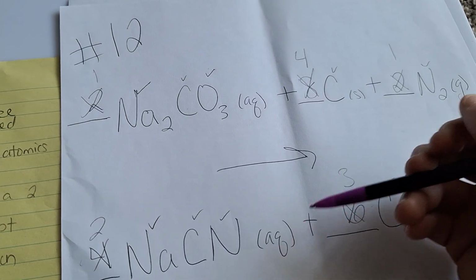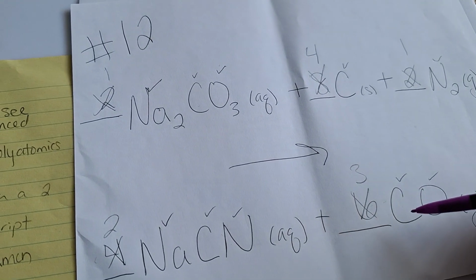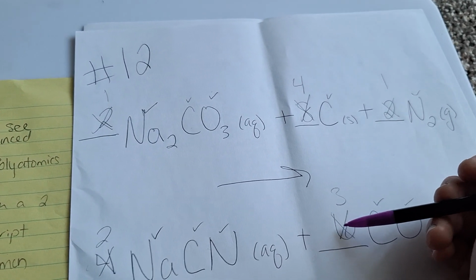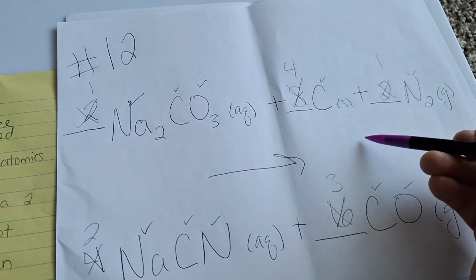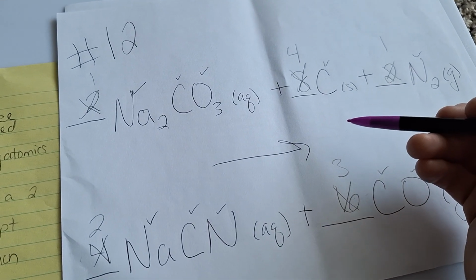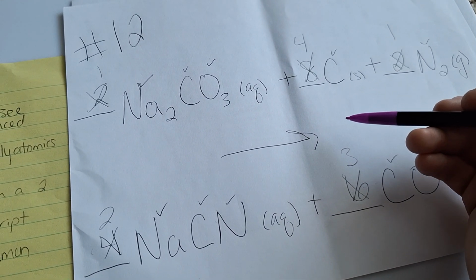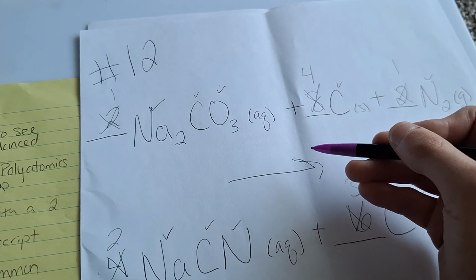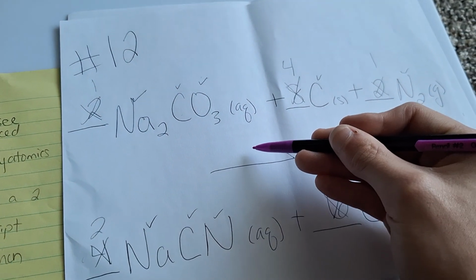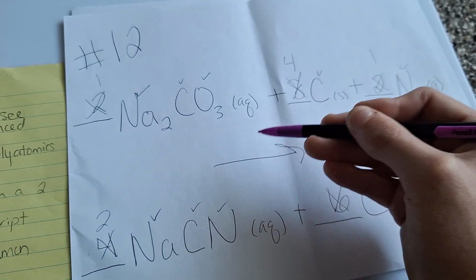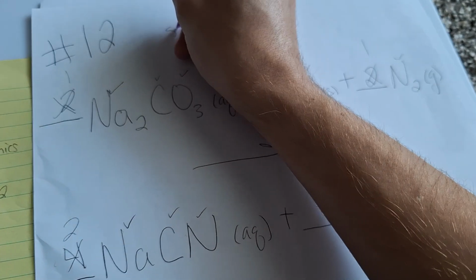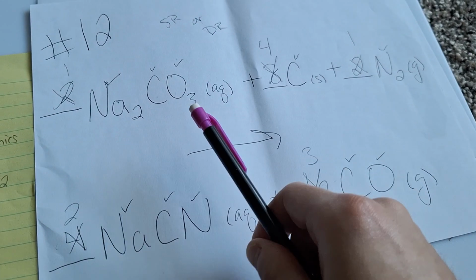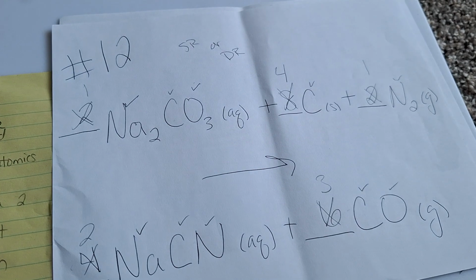So, we technically produced 2 different compounds, but I believe that this is only... I want to say single replacement, but I also think it's double replacement. So single replacement or double replacement. We are about to see. Let me see.